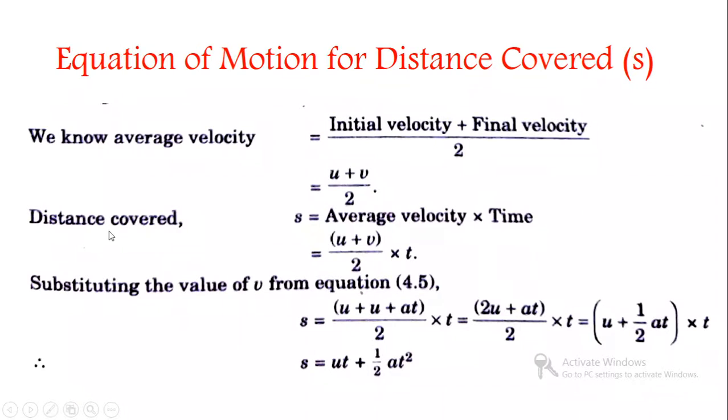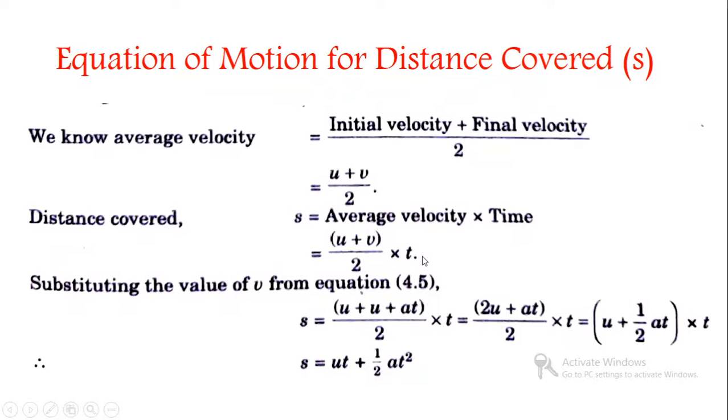Distance covered, s, equals average velocity into time. So s equals (u plus v) divided by 2, into t.